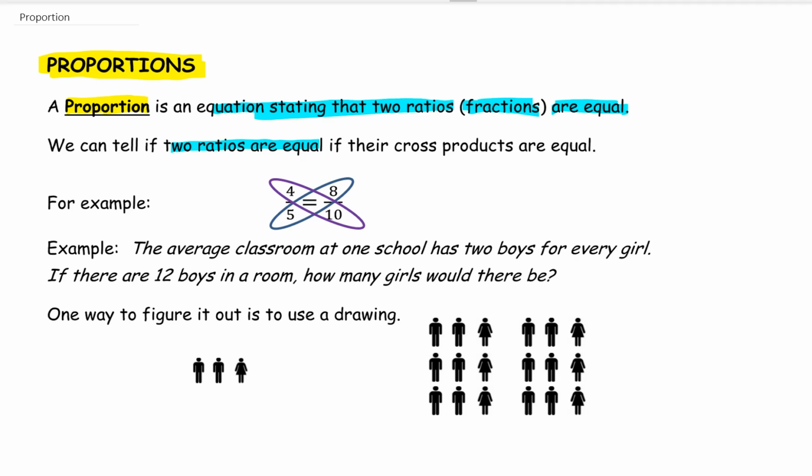So for example here, 4 over 5 is equal to 8 over 10. Why?